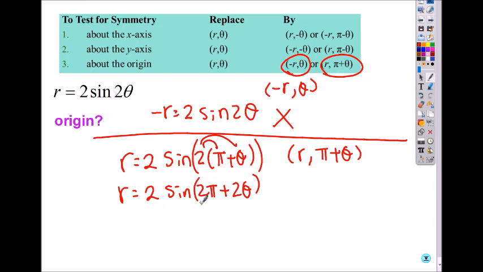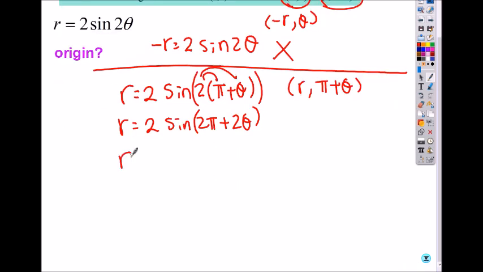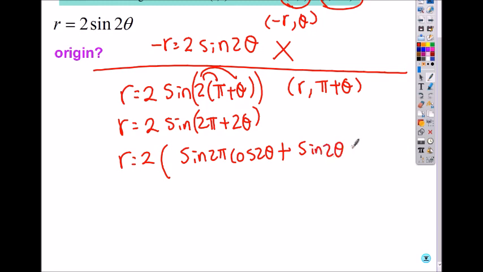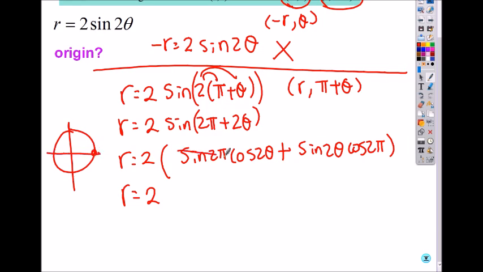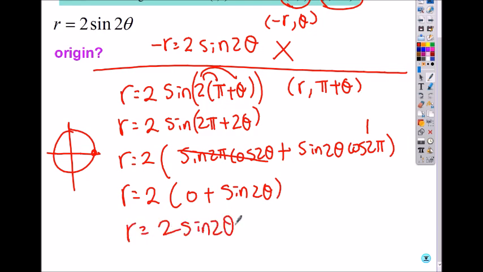So this is the sum of the sine. So it's r equals 2 times sine of 2 pi cosine of 2 theta plus sine of 2 theta cosine of 2 pi. So r equals 2 times, sine of 2 pi on the unit circle is 0. So this becomes 0 plus, cosine of 2 pi is 1. So it becomes sine of 2 theta, which is the exact same equation as given.